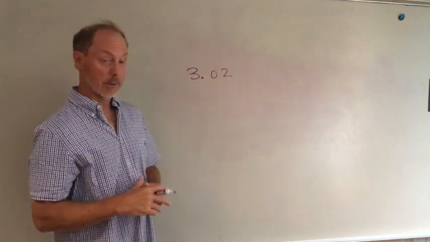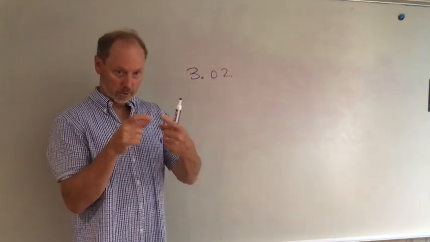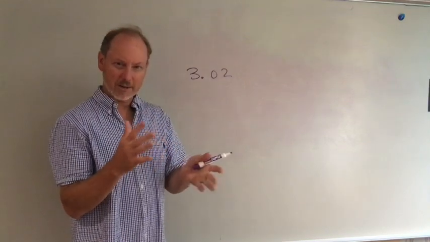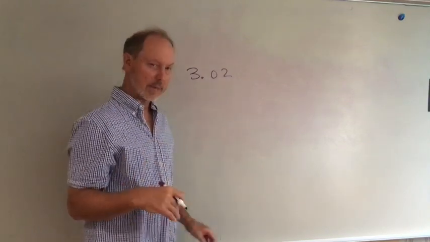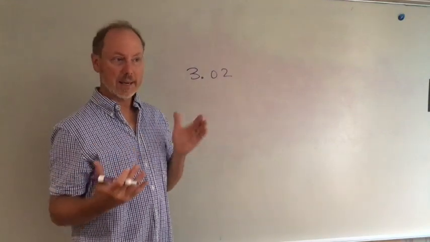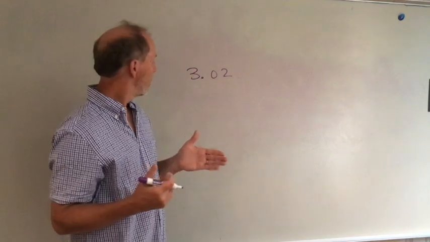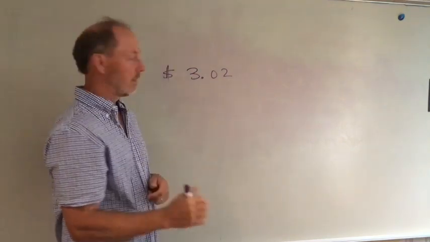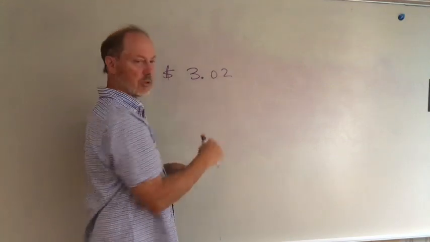Let's think about money for a second. So you guys are all familiar with a dollar. It's a green piece of paper, usually has a picture of George Washington on it, and I don't know what's on the back. Anyway, our money is based on tens. So when we talk about money, if I said, here's some money, this is $3.02.